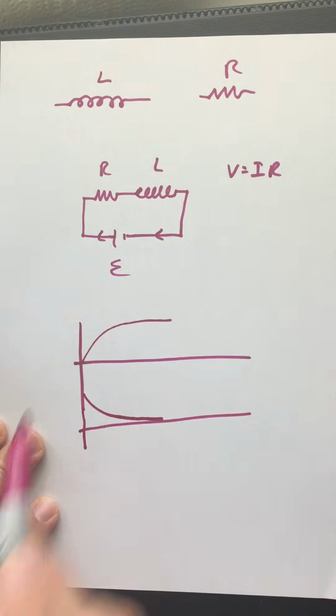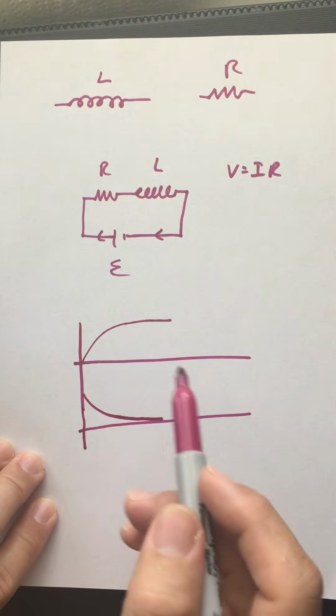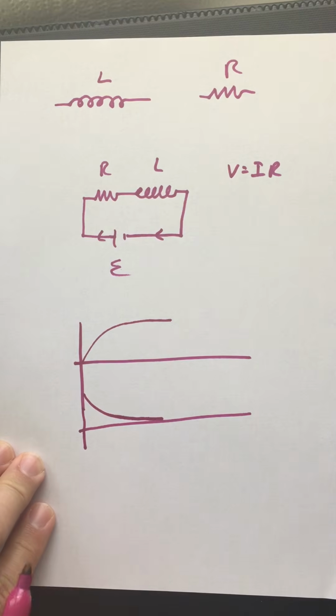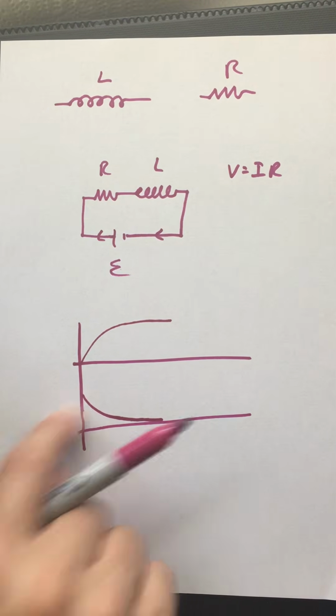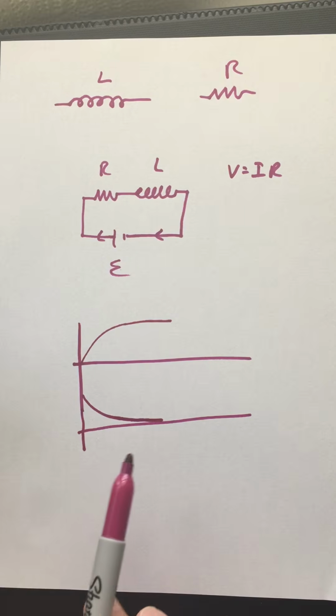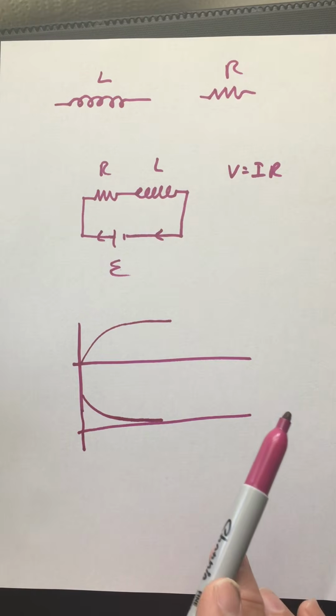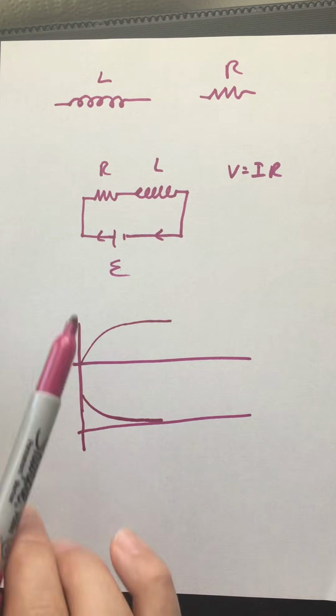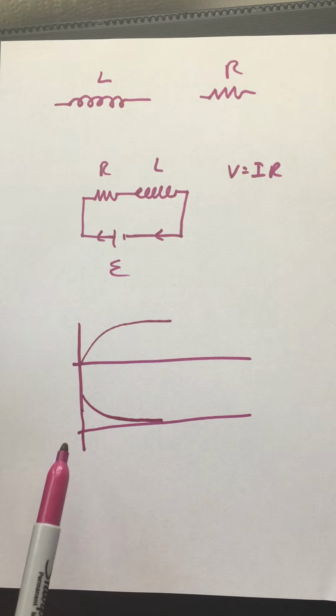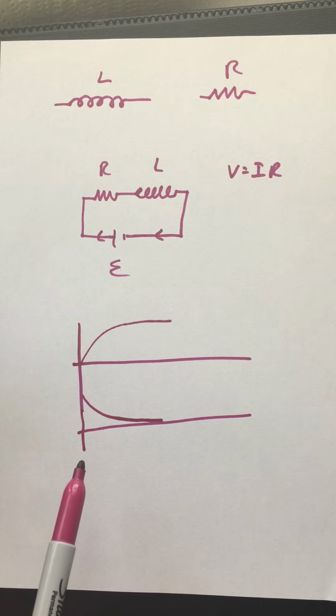Before, when I was just considering Ohm's law and didn't worry about inductance, if I flipped the switch, the current started here immediately, right? We've seen behavior like this, though, with capacitors, with RC circuits, because the capacitor takes a little bit of time to charge, and that has the effect of changing the shape of that initial current when you start and when you stop.